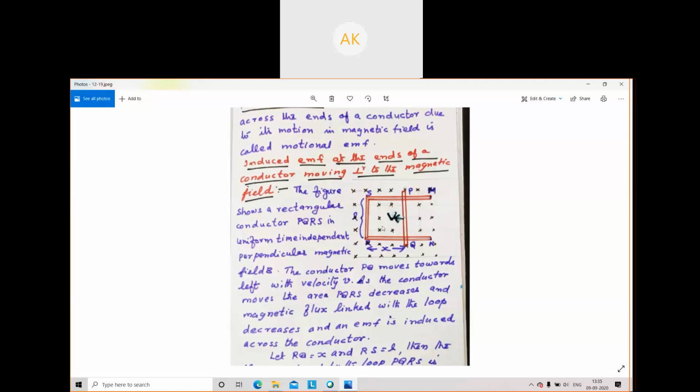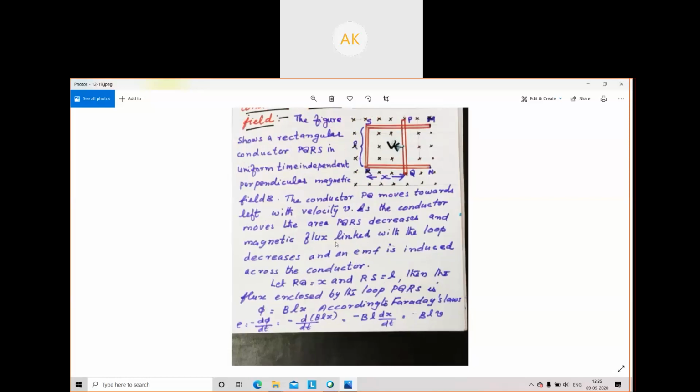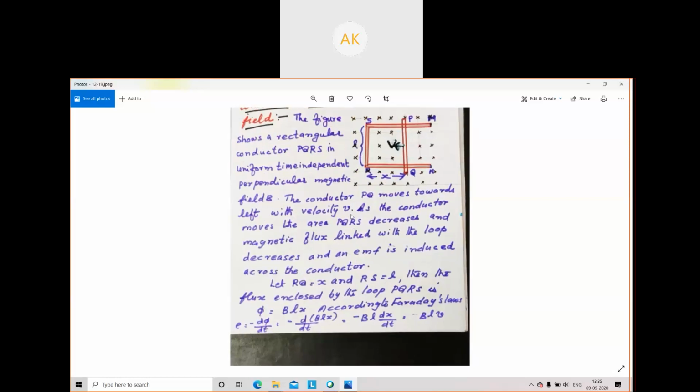Here we are going to calculate the EMF induced. EMF equals minus d phi by dt. How will you calculate phi, the magnetic flux? Flux equals BA cos theta, where A is the area and B is the magnitude of the magnetic field.